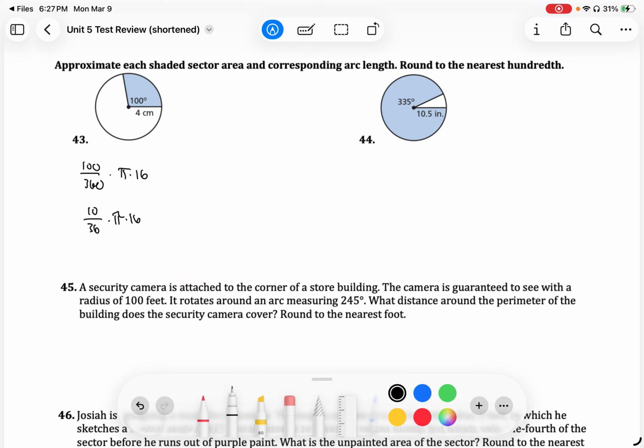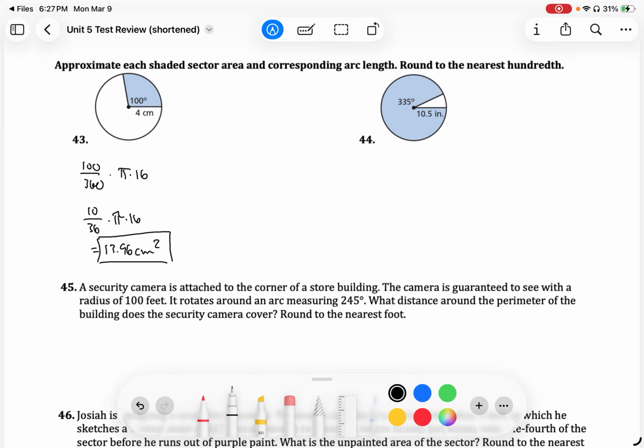It says to round to the nearest hundredth, so I'll do 10 divided by 36 times 16 times pi, and I end up with 13.96 centimeters squared. That's the area.